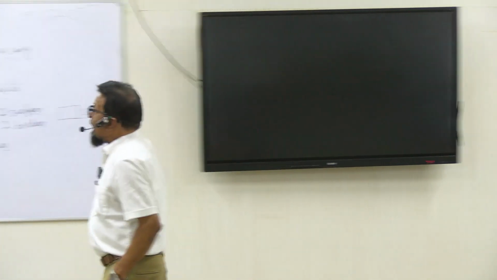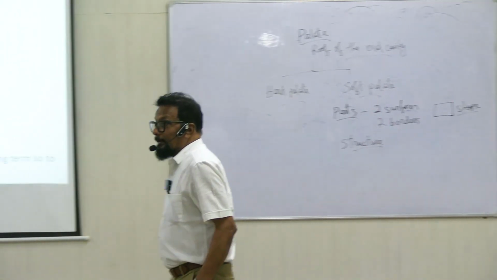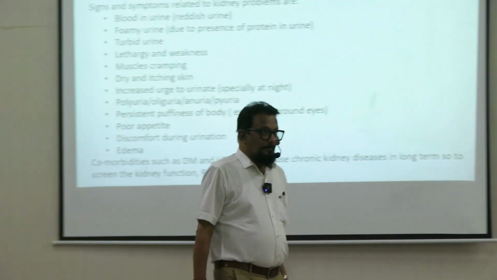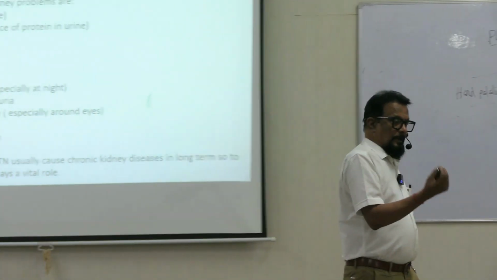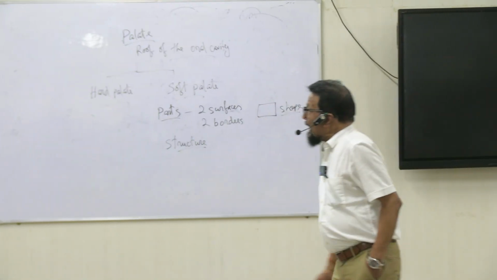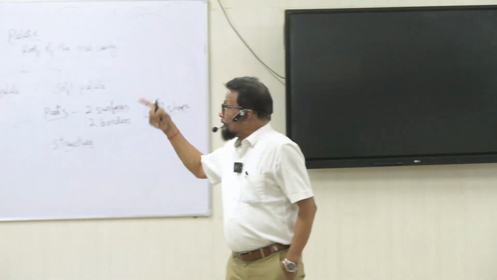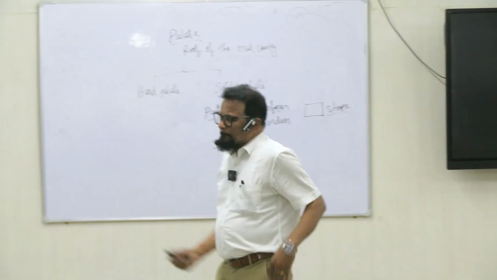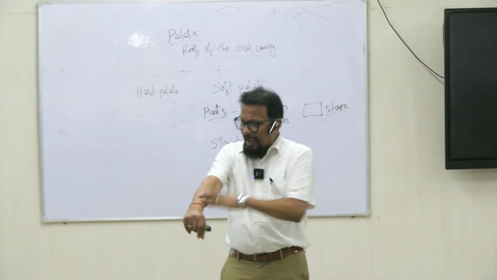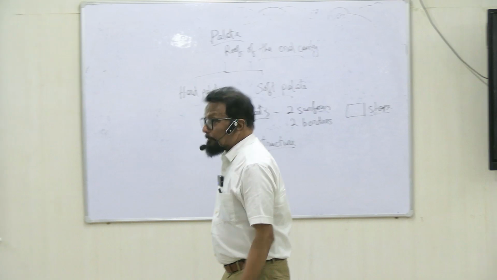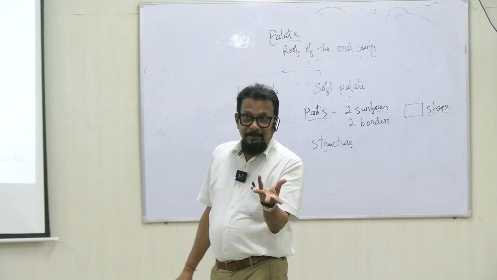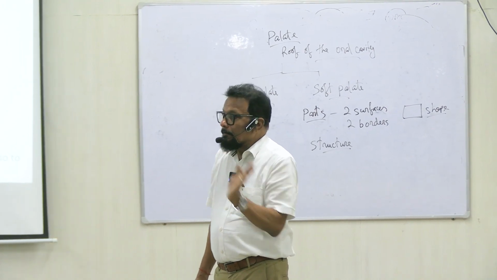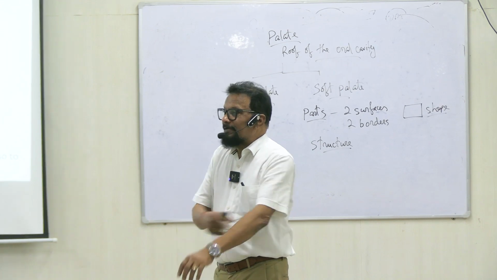But when it becomes foamy, that indicates protein is coming through urine. Some urine may become turbid. And lethargy and weakness, muscle cramping, dry and itchy skin, because of high creatinine, high urea, these nitrogenous end products produce these symptoms.